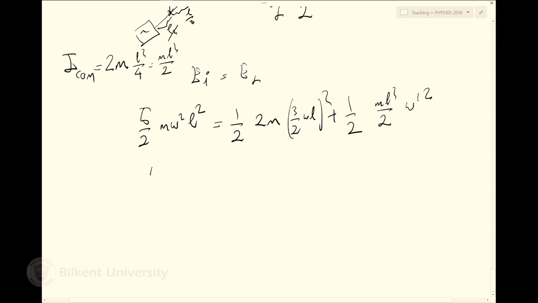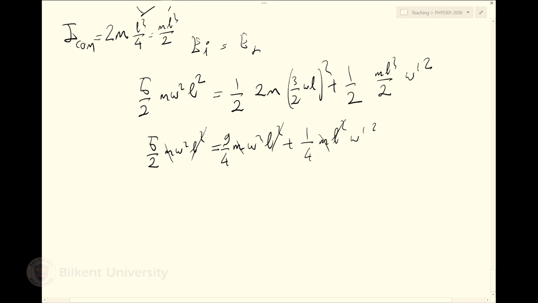Let me quickly do the algebra. I'm running out of time. M omega square L square is m 9/4 omega square L square plus 1/4 m L square omega prime square. L squares cancel, m's cancel. So that's 10/4.